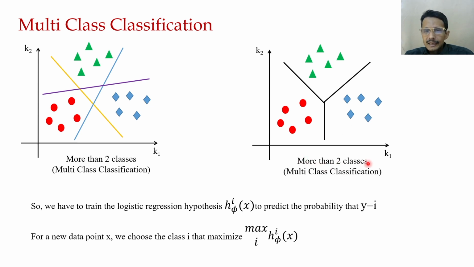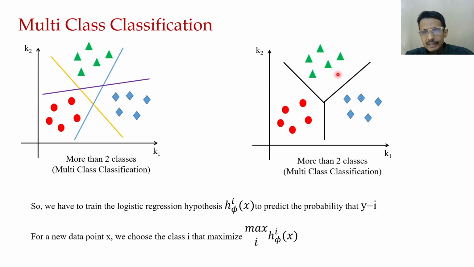So this multi-class classification with more than 2 classes can easily be done using the 2-class problem that we did in binary logistic regression. Now when a new input x comes, we train the logistic regression h_φ(x) in such a way that it predicts the probability that y equals i.